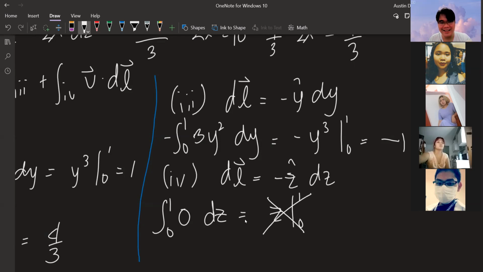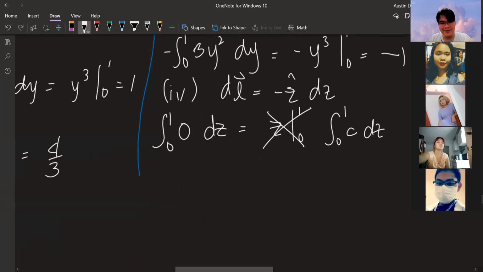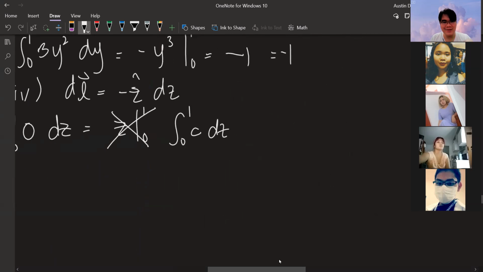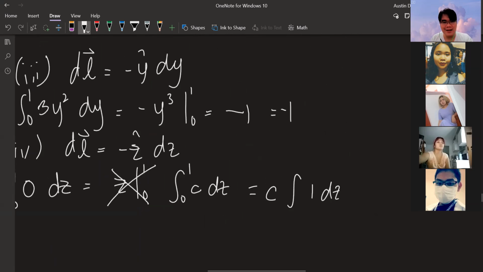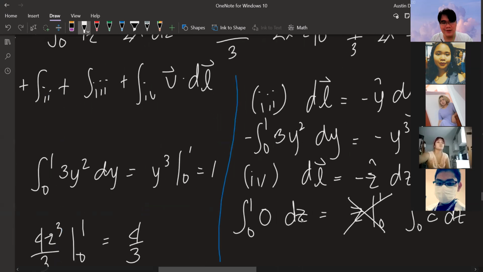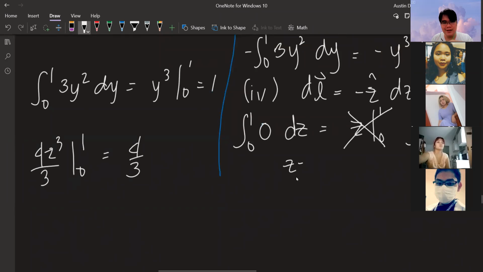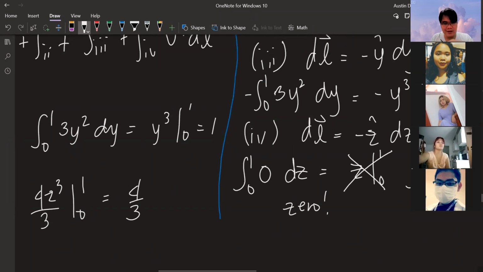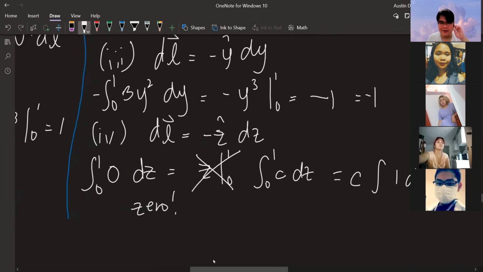Hindi mali yan. Kasi pag mangyayari lang to kapag constant yung value mo. dz. Tama? So, factor out mo yung constant mo dito. Constant mo. Tapos integral ng 1. Now, this is integrable by z. However, kapag 0, wala ka talaga makapala. So, this is just 0. Okay? 0.